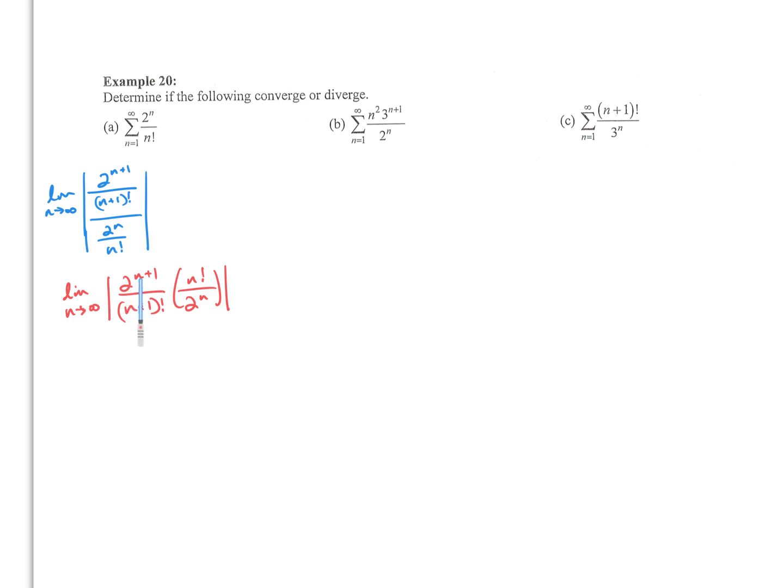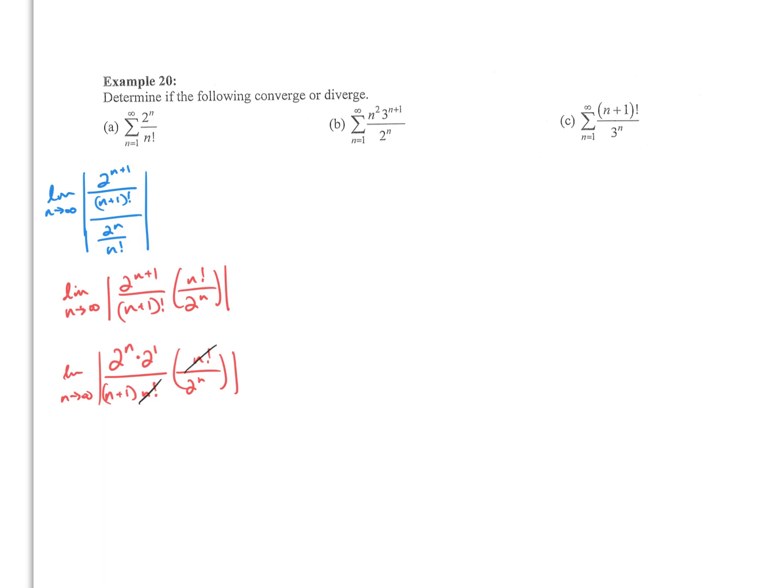So 2 to the n plus 1 is really what? 2 to the n, and then times 2 to the first. Does everybody understand how that works in mathematics? And then this n plus 1 factorial is really what? N plus 1 times n factorial. And then I still have n factorial over 2 to the n. Because now what can I cancel?